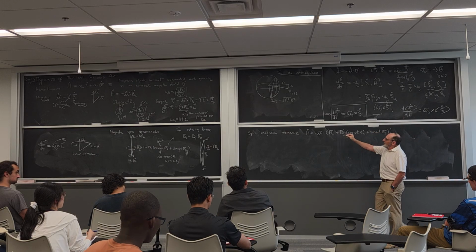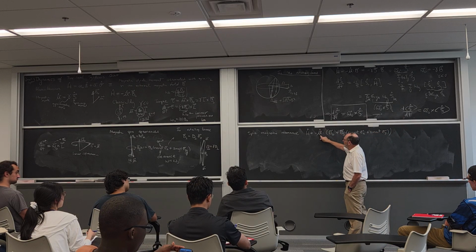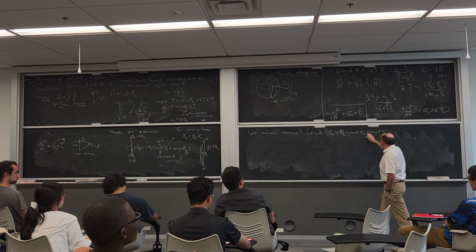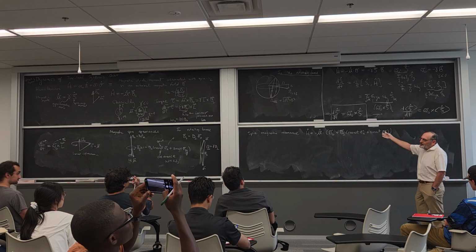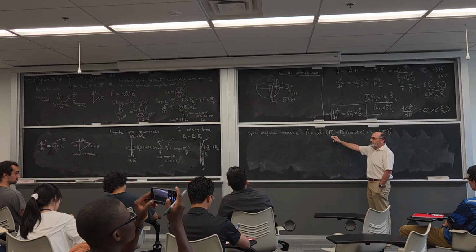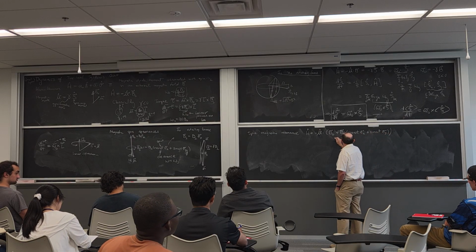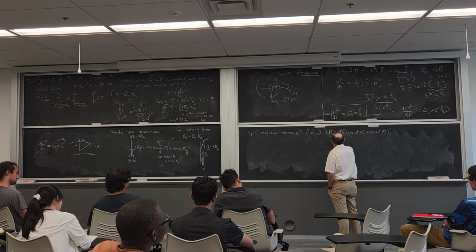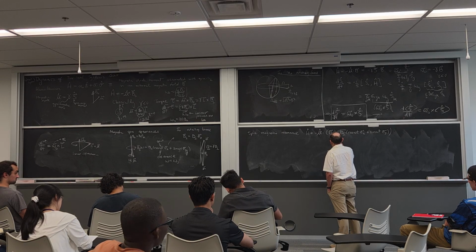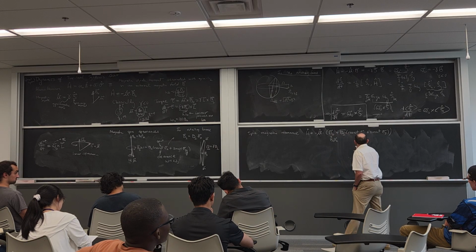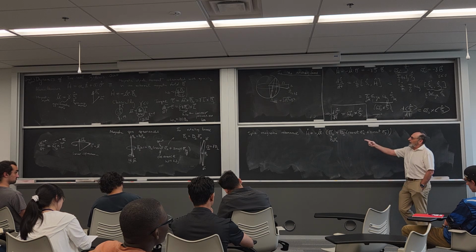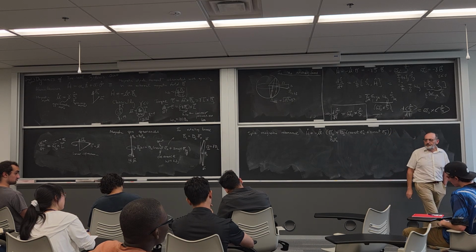So I have the magnetic dipole operator, vector operator, and I'm putting it in the magnetic field, which is a combination of the static field along the z direction, and then a transverse field, which has some magnitude b perp.